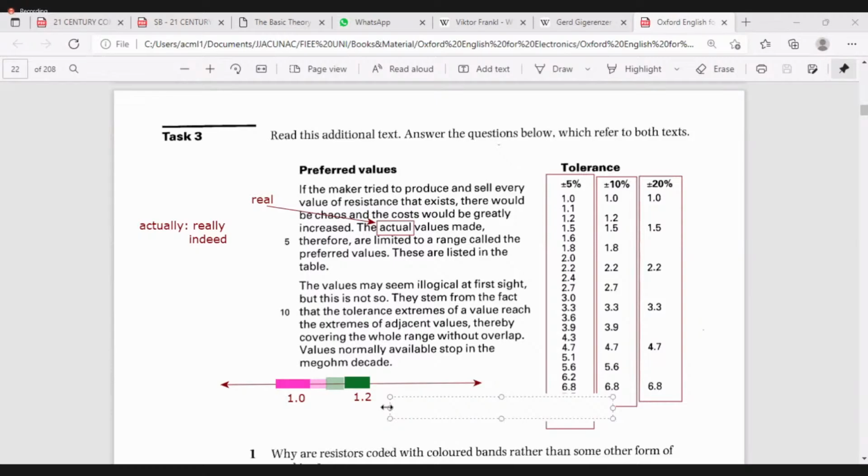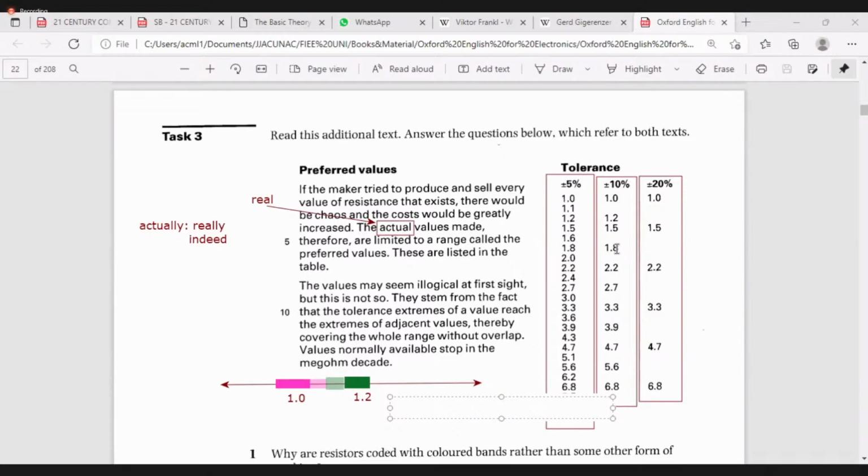So consequently, having the tolerance makes it possible not to produce 1.1, for instance. We avoid the manufacturing of 1.1. And you can say, well, but it's only one. Okay, only one. But if you continue with the range, from 1.5 to 1.8 you have 1.6, 1.7.